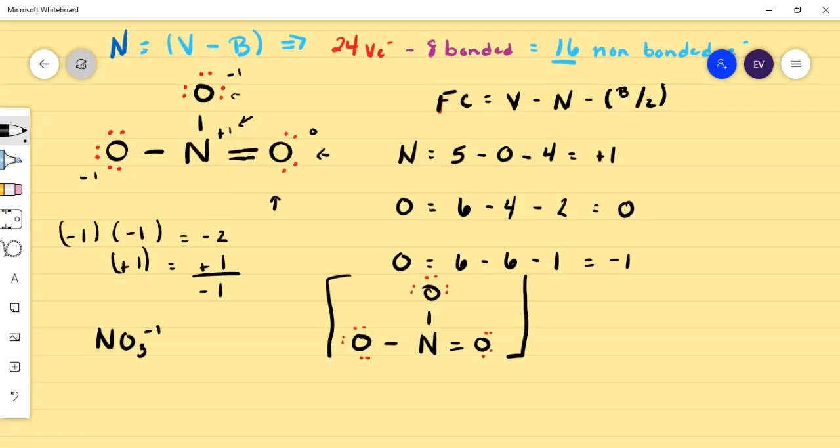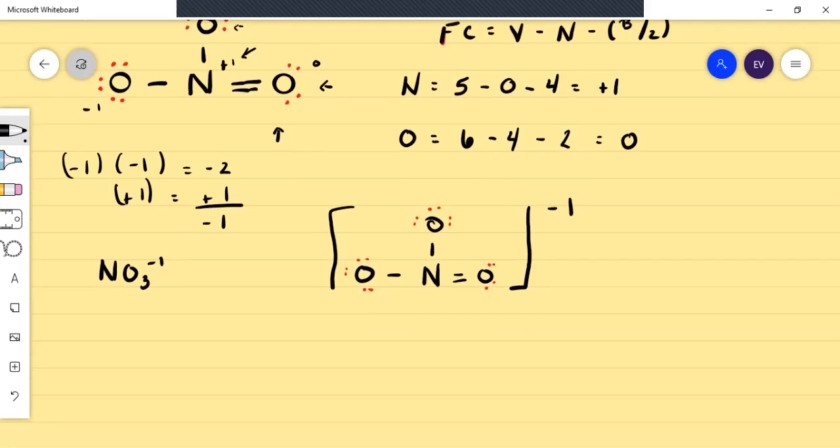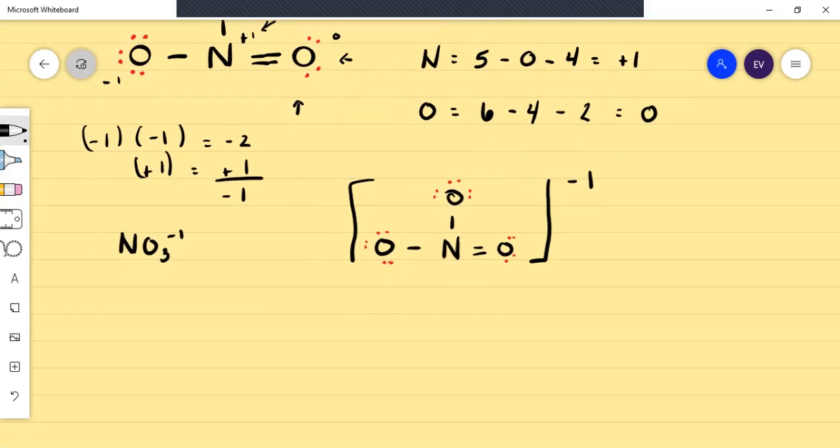I'm going to erase this here real quick so it's not in the way. The overall structure is going to have a -1 charge. This is nitrate.